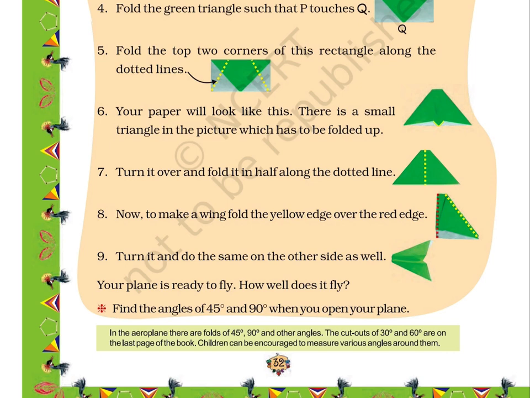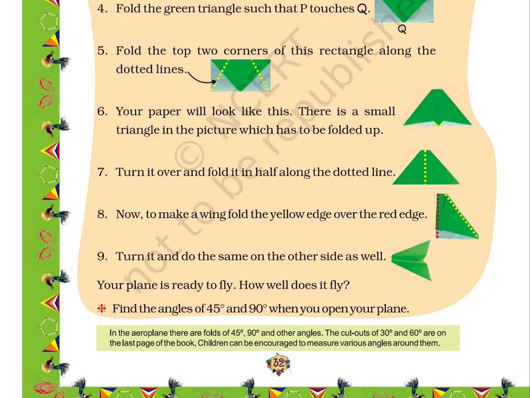Turn it over and fold it in half along the dotted line. 8. Now, to make a wing, fold the yellow edge over the red edge. 9. Turn it and do the same on the other side as well. Your plane is ready to fly.